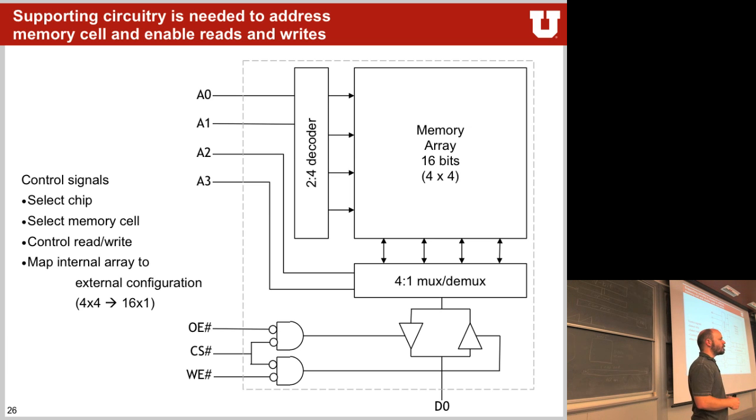We only want 1 data bit out. What would this be here? 4 in? 0 in? So 16 by 4 is a 16. 16 by 1 would be 16 word lines, 1 data line.